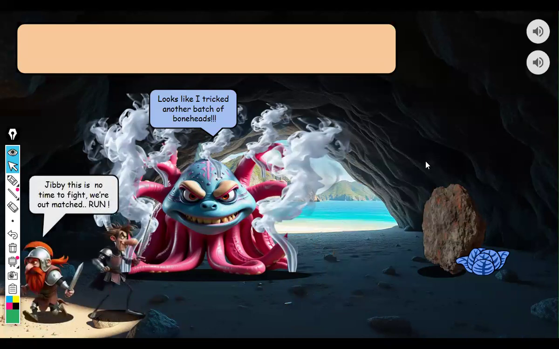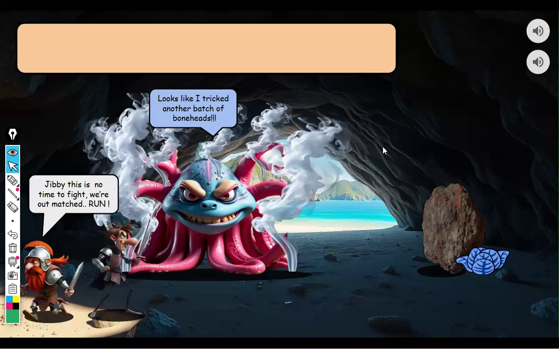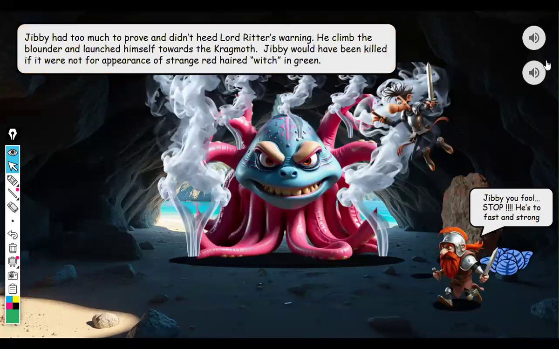All right. Right, so they have to fight or run or do something, right? So Jibby does what Jibby does. He attacks the monster there. Right, you can read the action there.